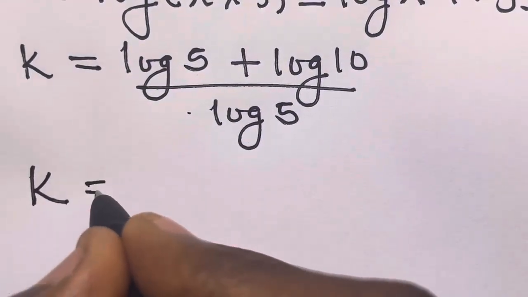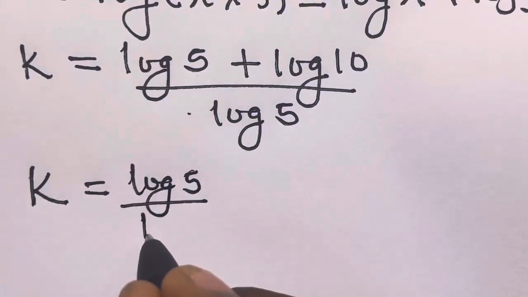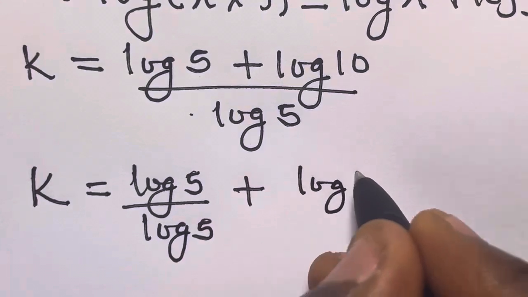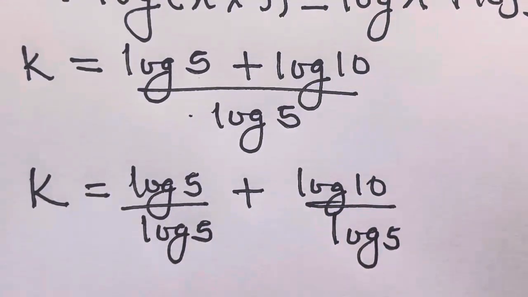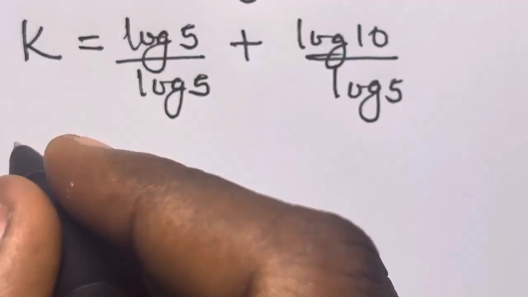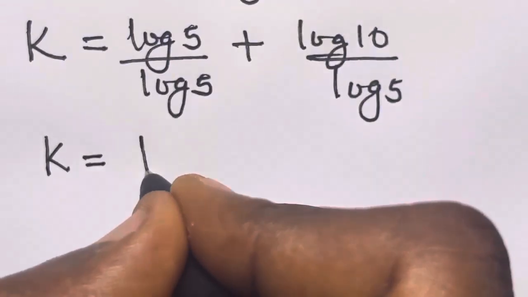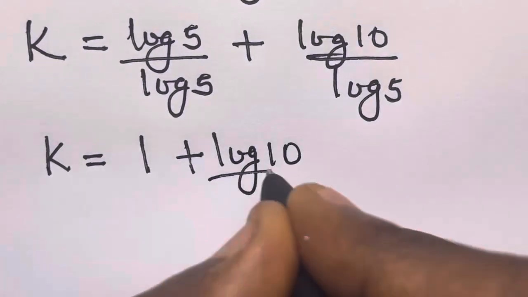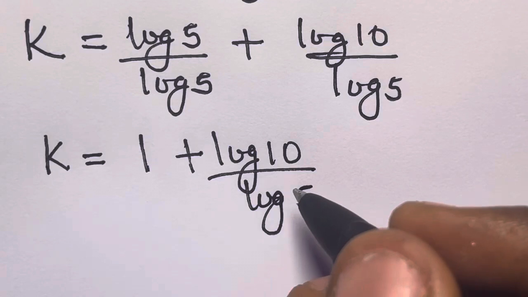So we have k equals log 5 divided by log 5 plus log 10 divided by log 5. So here we will have k equals log 5 divided by log 5 will give us 1 plus log 10 divided by log 5. Right?